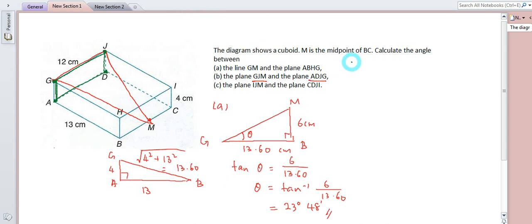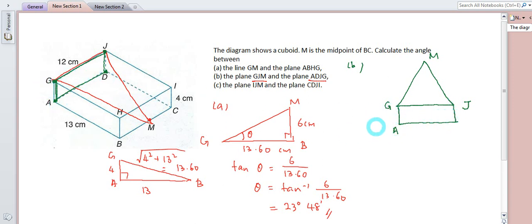Let me draw it first. First, draw the line of intersection G, J. Then just imagine these two planes, you open it up, become flat. Here you will get like this. So this is actually point M. GA. So here's A, JD. Here is D. Now you don't see any straight line which is perpendicular with the line of intersection GJ here.